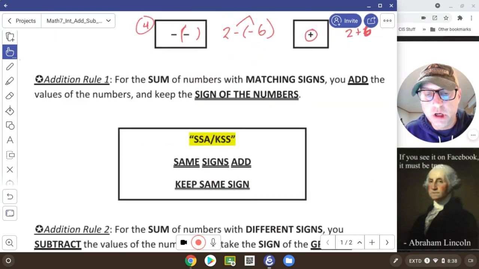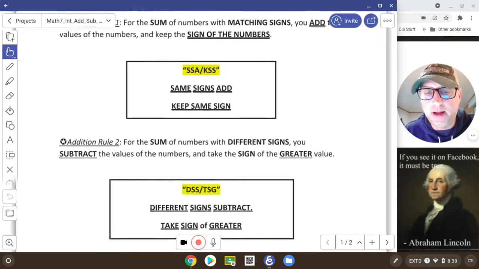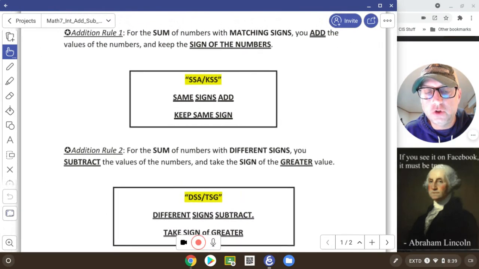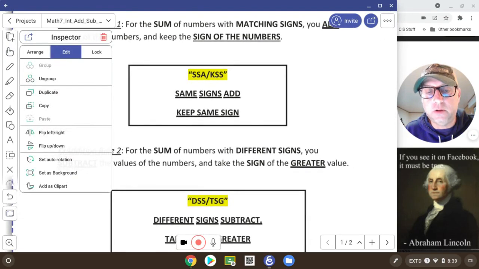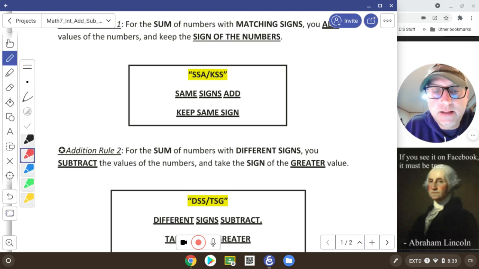Now let's go down to the actual math that happens. If we are combining or finding the sum of numbers with matching signs, so a positive with a positive or a negative with a negative, the rule says you have the same sign, so you add, and then you keep the same sign.